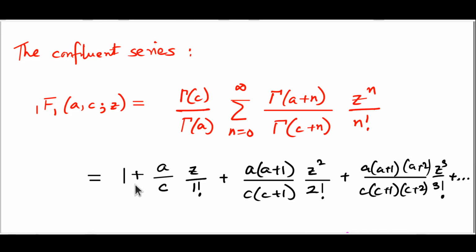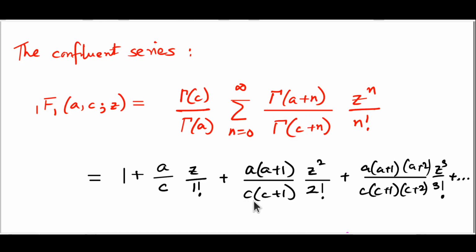And of course z to the 0 starts at 0th power, as the initial equation told us. Then we will have the term for n equals 1. That of course gives us z by 1 factorial. But gamma a plus 1 by gamma a is simply a, and gamma c plus 1 by gamma c in the denominator is simply c. The next term, well, z square by 2 factorial. You have gamma a plus 2 by gamma a, but that's simply a into a plus 1.